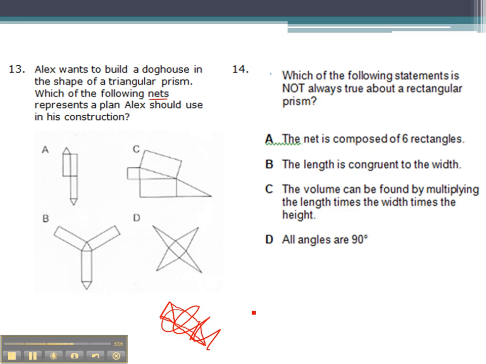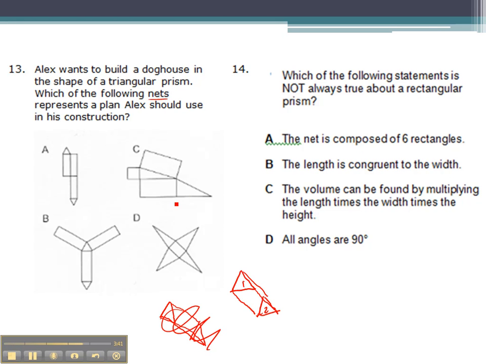Yep. Okay, let me try that again. Here's a triangle, a triangular base. Here's another triangular base. They're parallel, they're congruent, and there's a triangular prism.